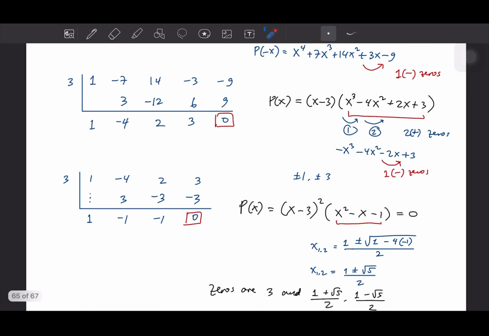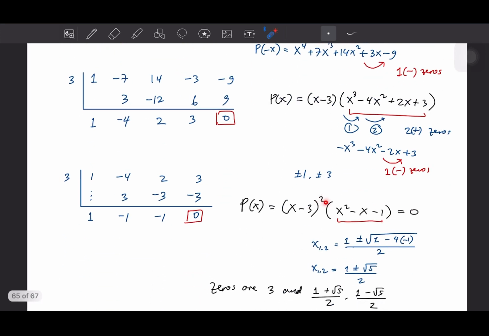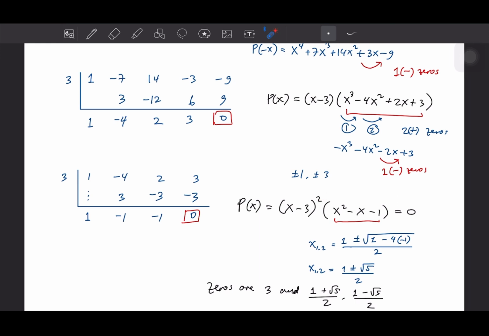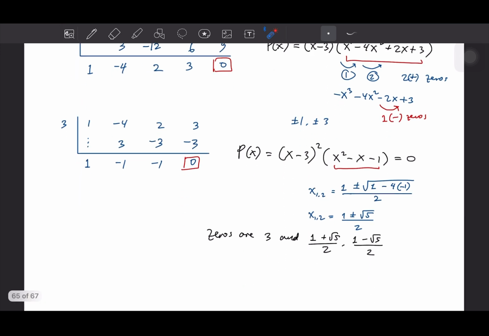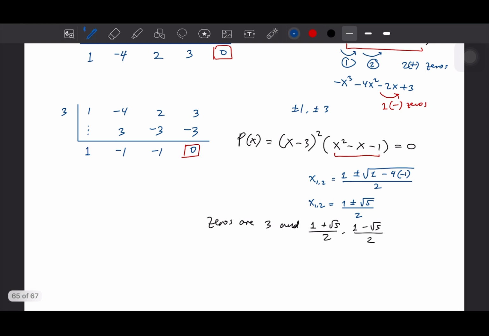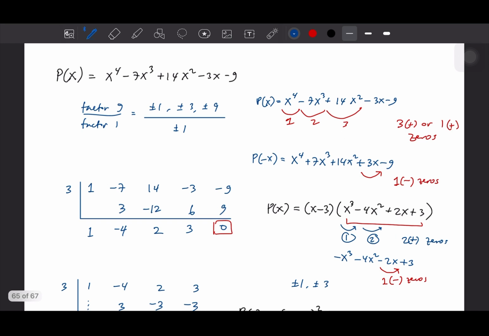Remember that we have this multiplicity. So it also counts into our Descartes rule possibility. So although the number is 3, the factor comes out twice. So we should write the zeros are 3, but this 3 is multiplicity. So this should be accounted for in this Descartes rule as 3 positive.